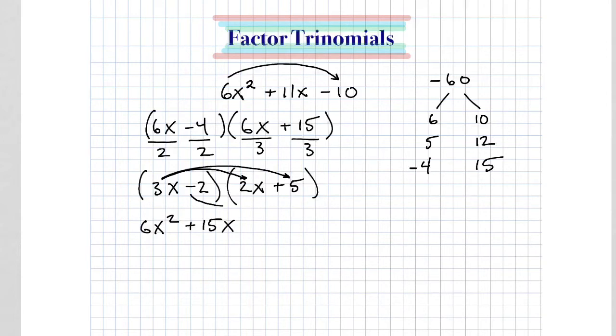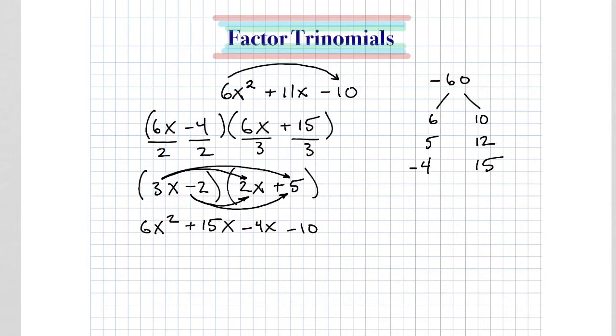Then -2 times positive 2x gives us minus 4x. And -2 times positive 5 gives us -10.